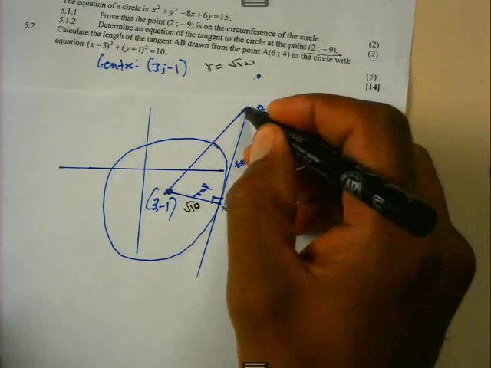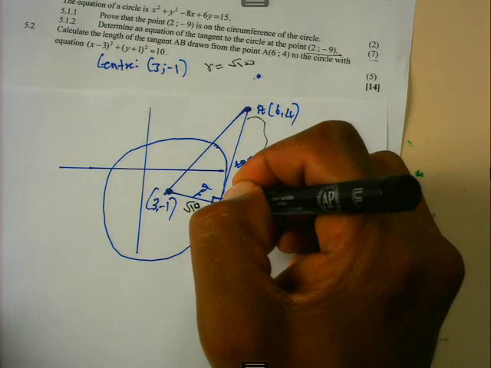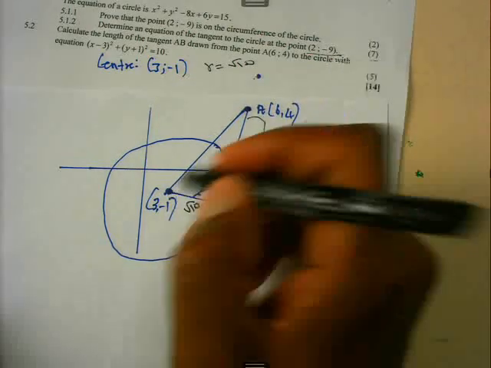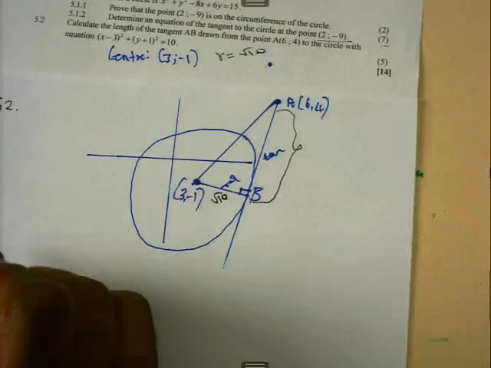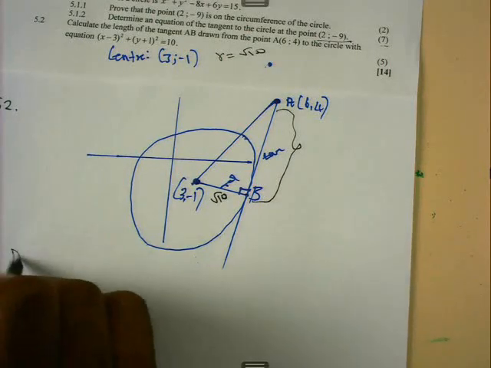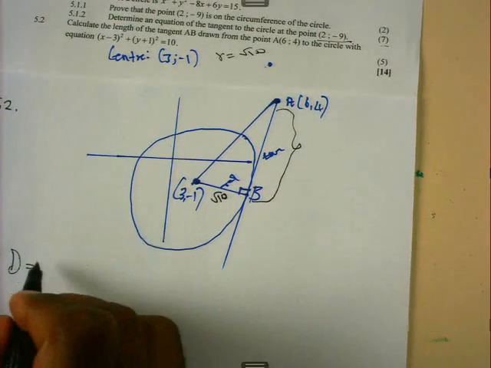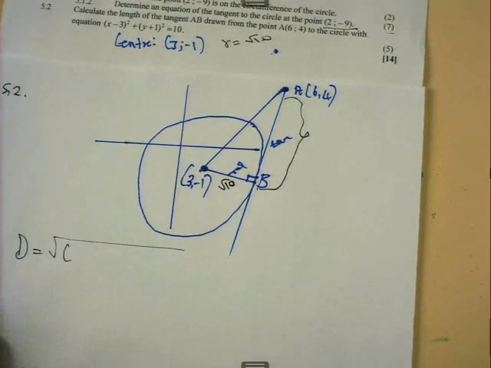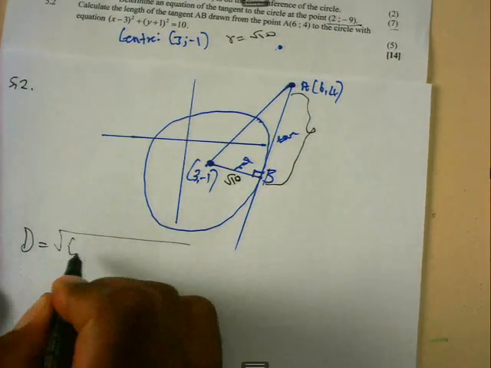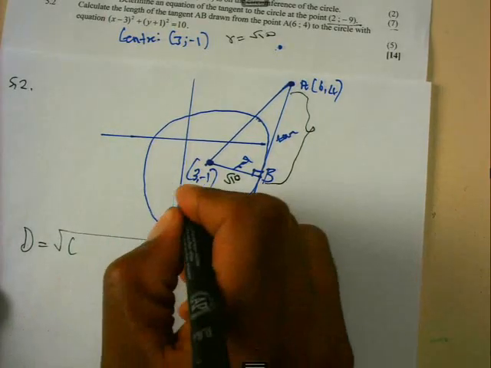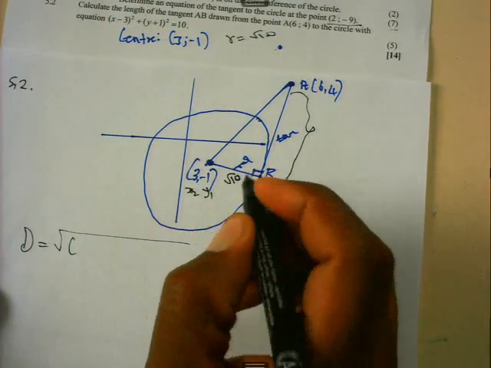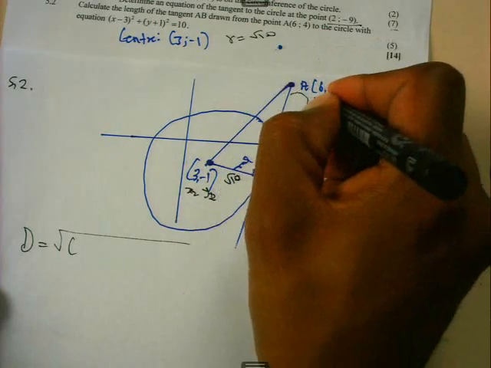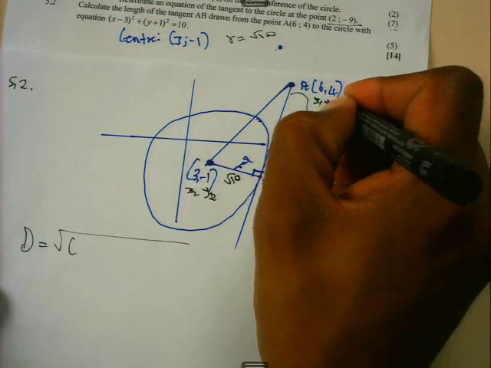Right now, on this side, I don't know the coordinates of B, right? But on this one, I have the coordinates of A as well as the coordinates of the center. Then it means I can use the distance formula to find the distance between the 2 points. It is the square root of (x2 minus x1) squared plus (y2 minus y1) squared.